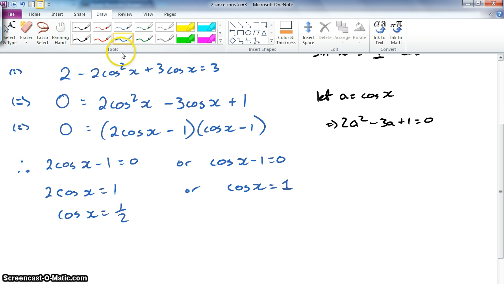Well, whenever we're doing these problems, we're going to need a little bit of help from our best friend in maths, the unit circle. First of all, cosine x equaling a half. My cosine axis is the x-axis, that's about halfway to 1. I'm going to need 2 angles, one in the first quadrant, one in the fourth, because you can see they're the only 2 that have that half as their x-coordinate.